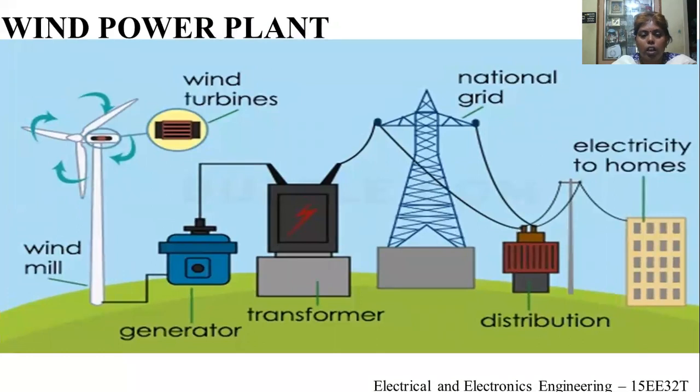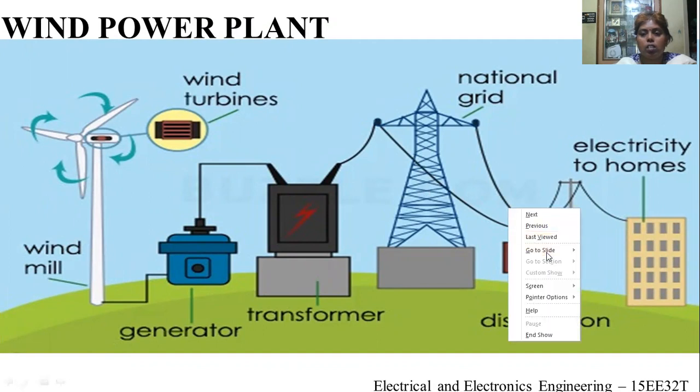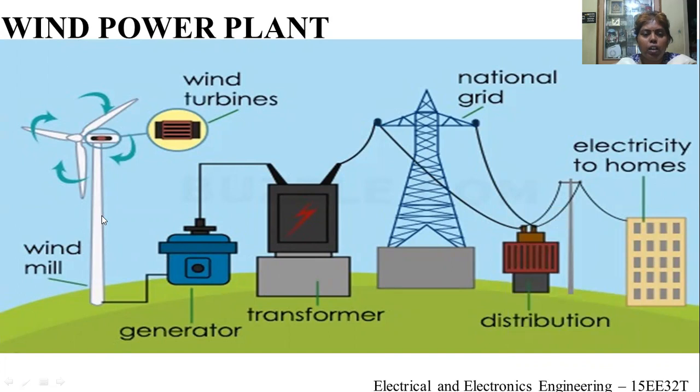So this is a wind power plant which consists of a windmill. This is the windmill which has a tower and nacelle and the three blades which are connected to the wind turbines. So when the blades rotate, the wind turbine will generate mechanical energy.